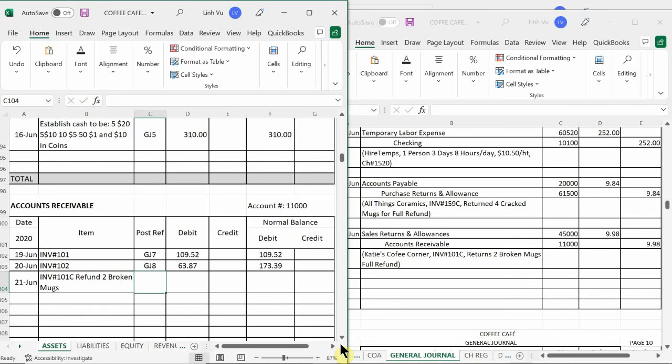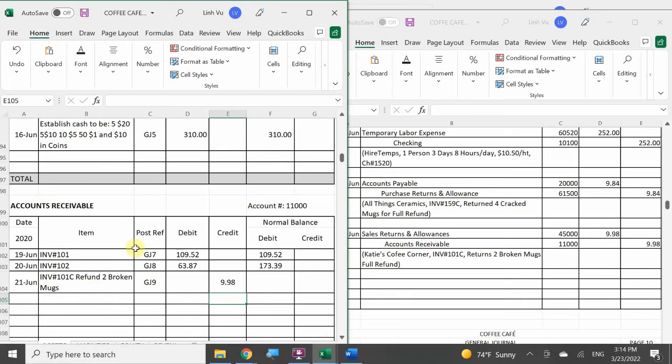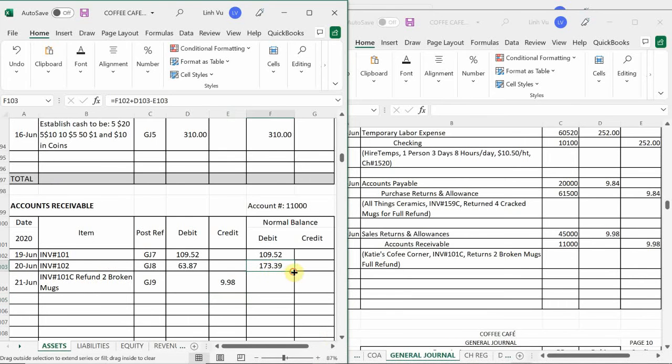General Journal 9. And you're going to credit your account for $9.98. So in this case, because I'm decreasing my accounts receivable, how much do my customers in general owe me now? What's my account balance in my accounts receivable account?